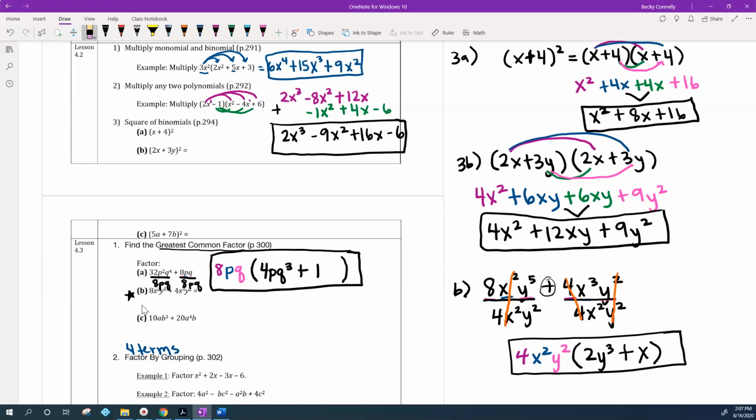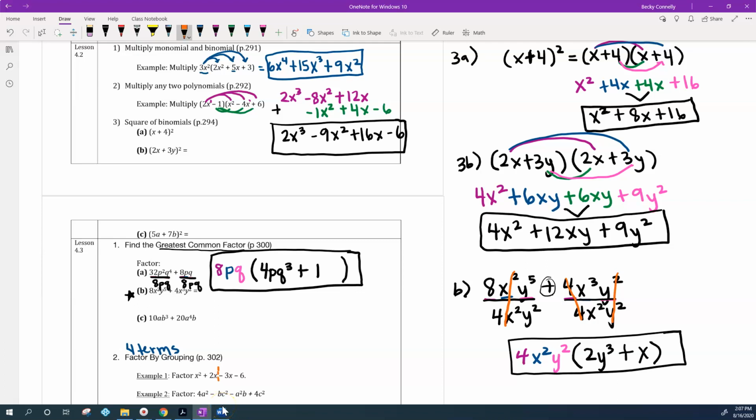First thing I'd want to do is see if there's a greatest common factor like we did above, and I don't see anything that is common with all 4 terms. So then after that, I'm going to split these into 2 different things. I'm going to split it right here.